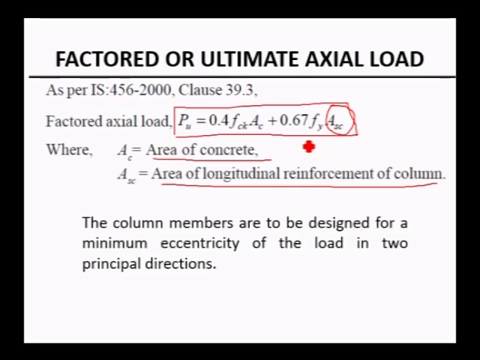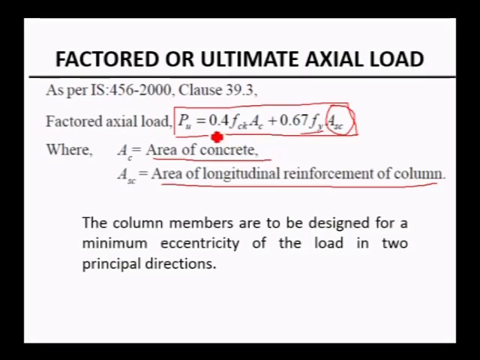Longitudinal reinforcement into fy. fy is the yield strength of the steel. If it is Fe 415 steel, 415 newtons per mm square. Fe 500 steel, 500 newtons per mm square. Fe 250, 250 newtons per mm square.